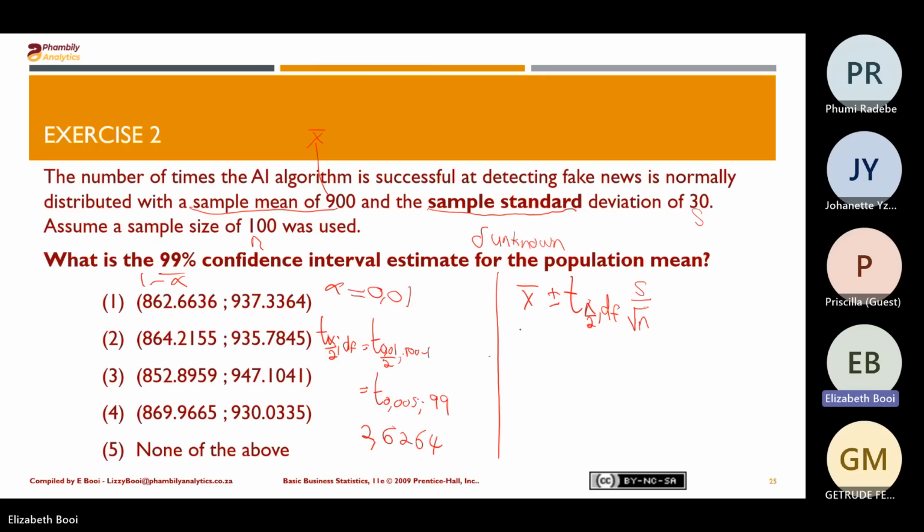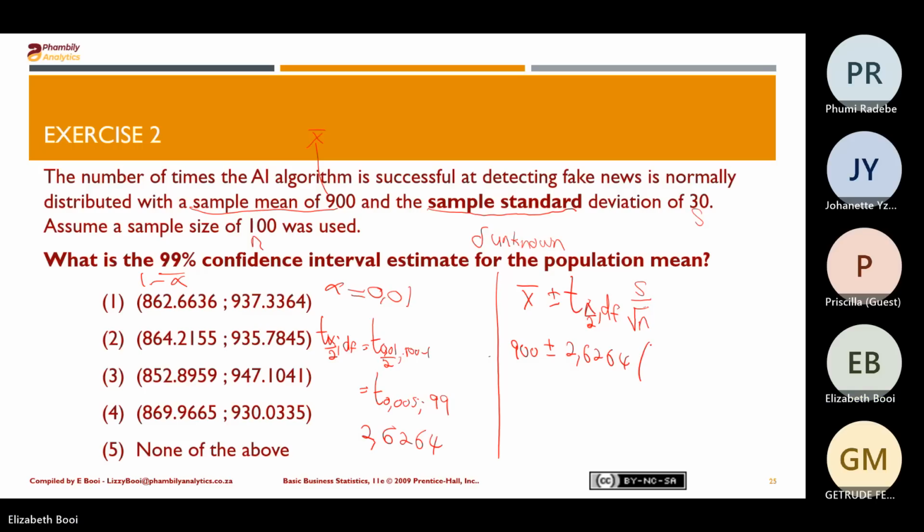2.6264. So our mean is 900 plus or minus our critical value 2.6264.